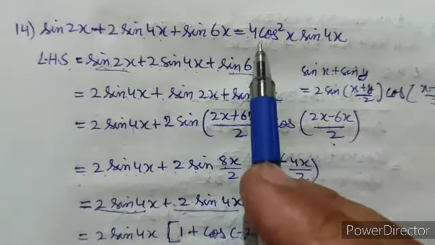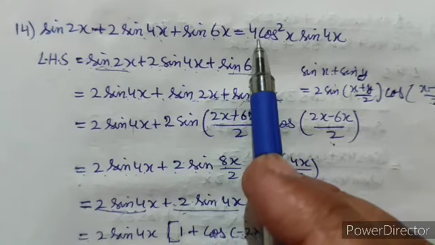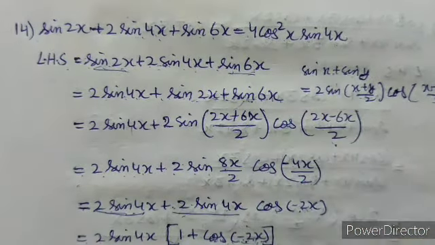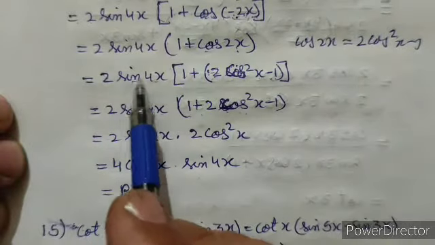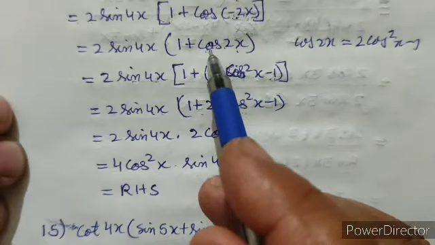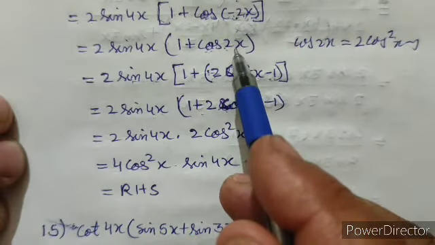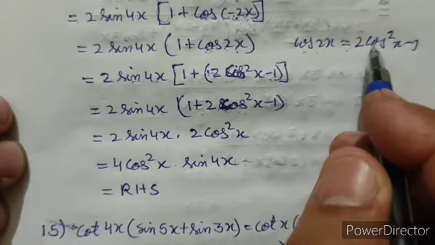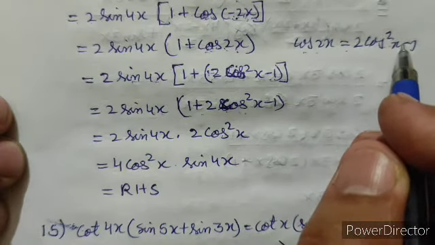Here the right hand side is in the form of 4 cos square x into sin 4x, and sin 4x is already there, so we will write cos 2x in terms of cos square x. Now as we know, cos 2x is equal to 2 cos square x minus 1.